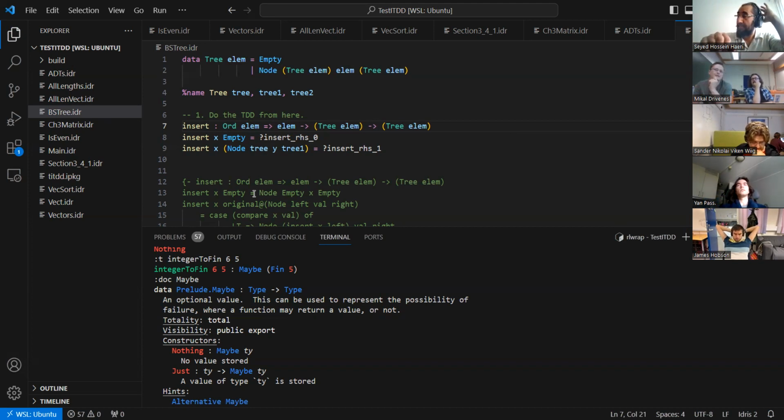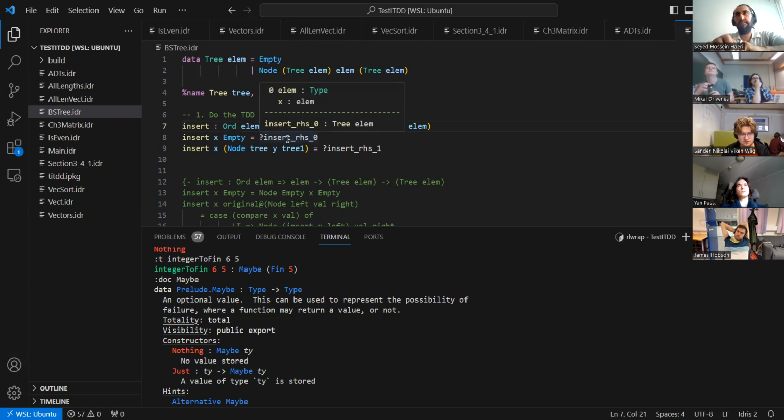Is there anything easier that you can do? Use TDD. Okay, we're about on the base case. On the base insert case. Okay, on the whole, I guess you mean. Yeah, on the first hole, on the base case.